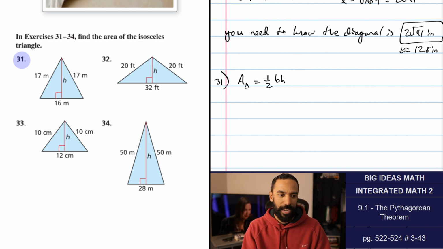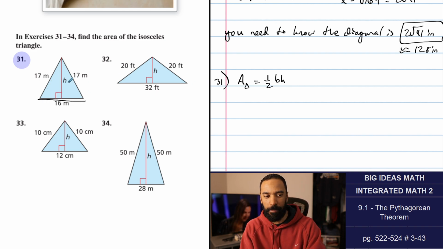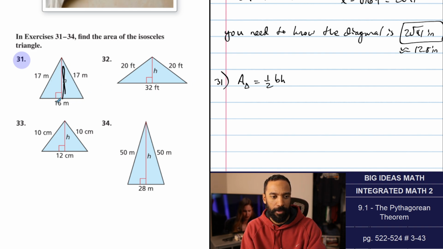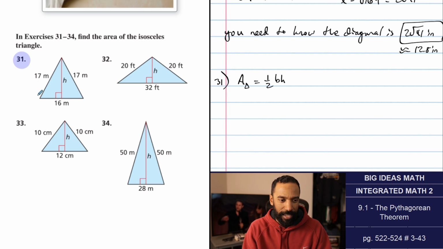Base being one of the side lengths, it could be 16, it could be one of the 17s. But the height has to be perpendicular to the base you're using. So the base is going to be the bottom one in this case, and the height is this unknown. I will obtain the height in these problems by taking half, since an isosceles triangle's altitude divides the base in half. So I can make this 8, and then the other one would also be 8.